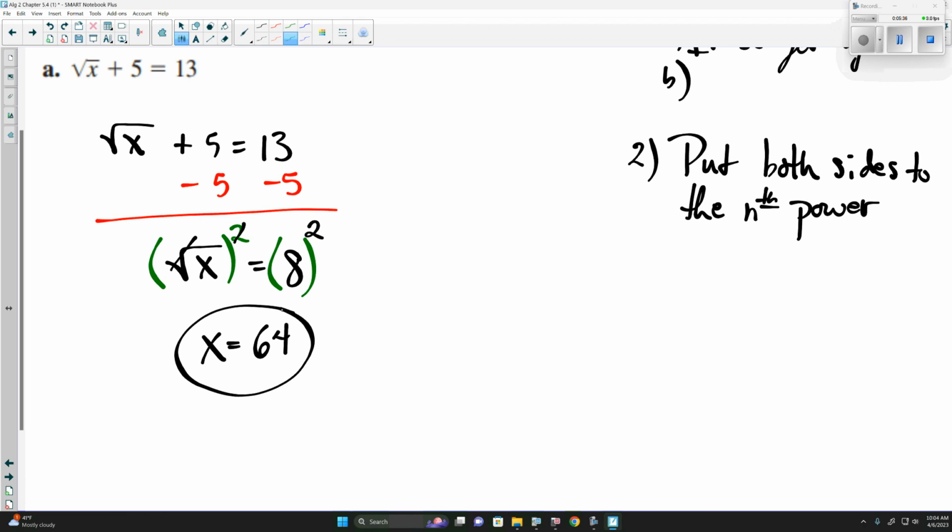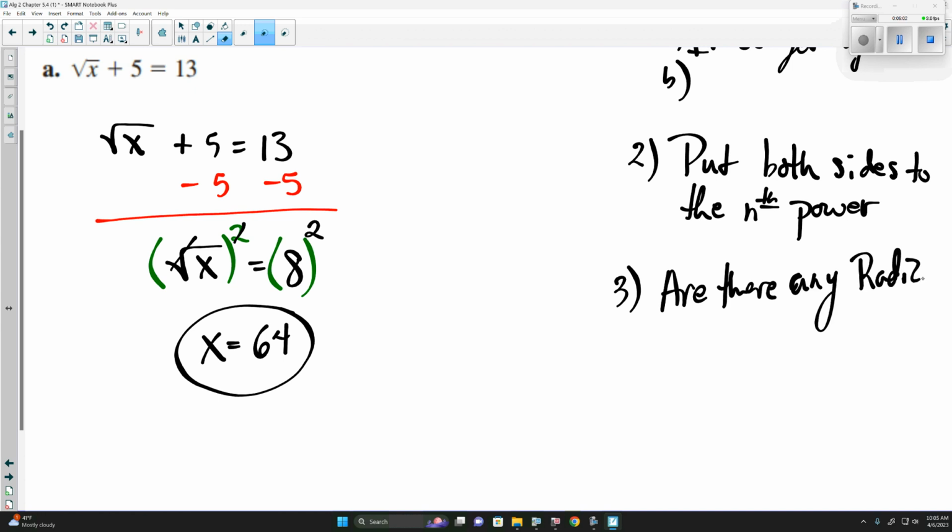Now, really, there is a third step, and that is solve. Or I think, well, we can really ask ourselves, are there any radicals?